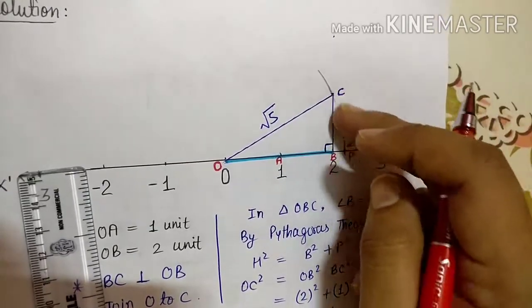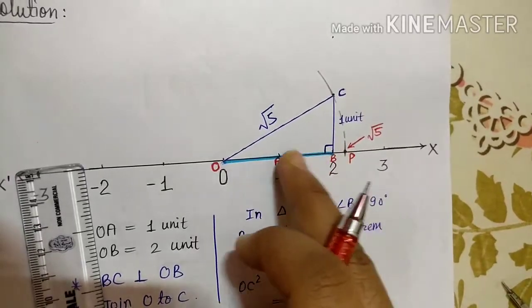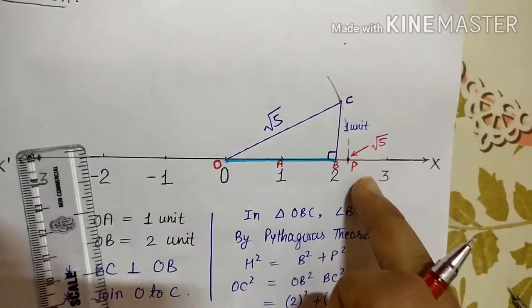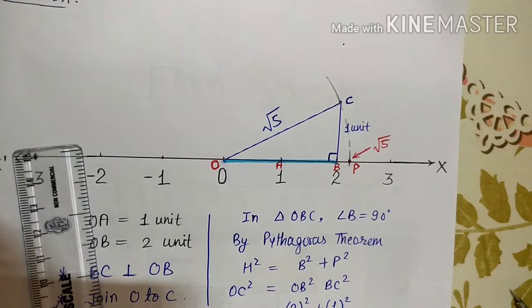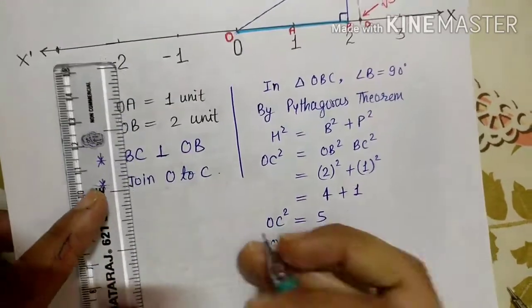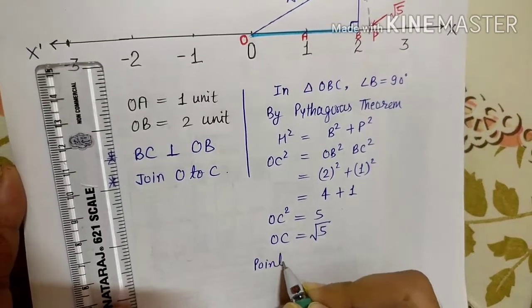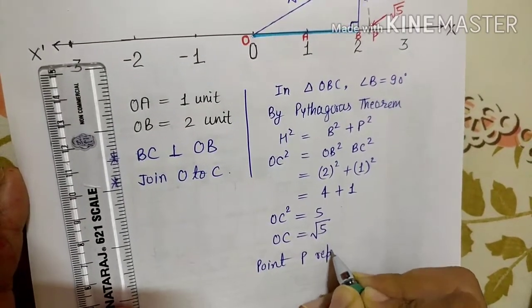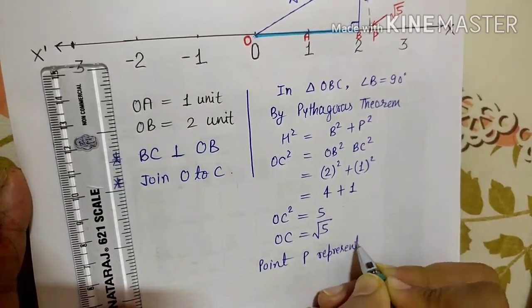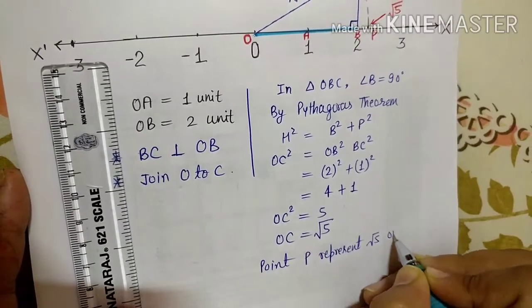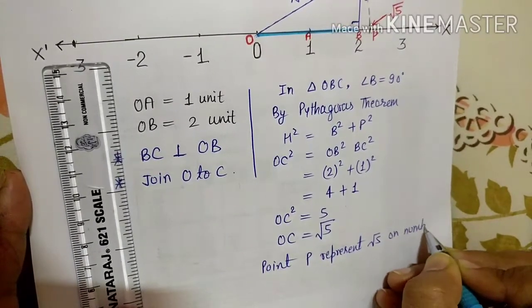I have explained this concept earlier. So in this way we can say point P represents root 5 on the number line.